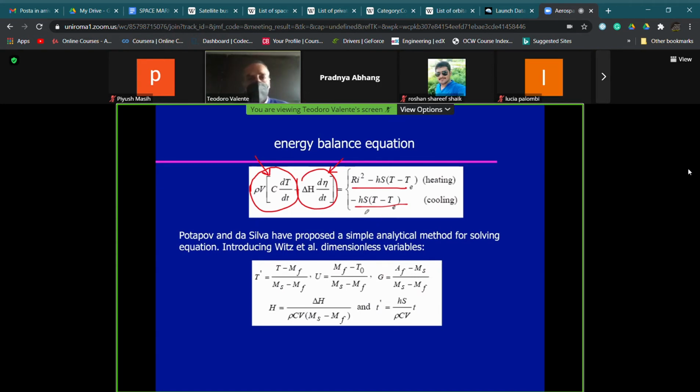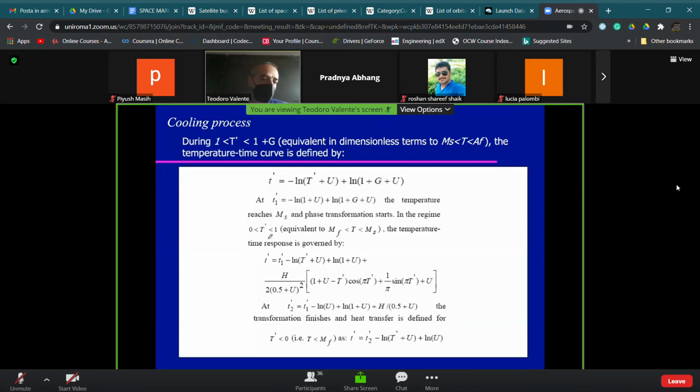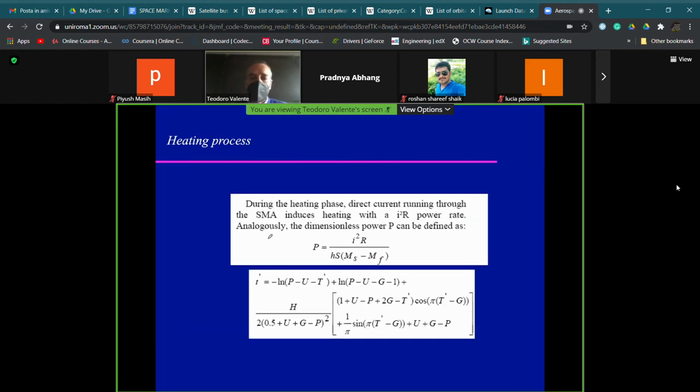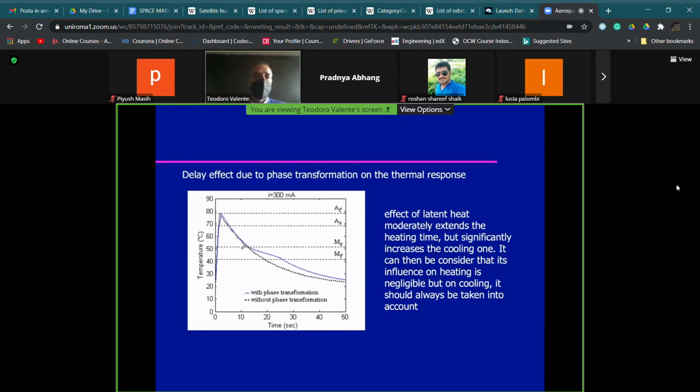Then, for purpose of your curiosity, here you have the solution of this problem by using a dimensionless approach proposed by these two scientists. This is the approach for the dimensionless solution of the equation. Let's go to the final results.